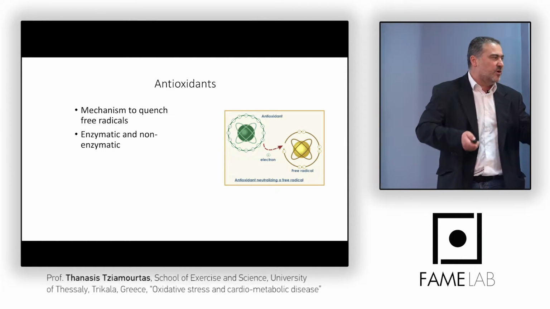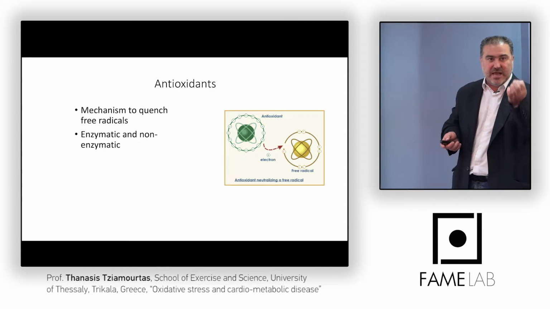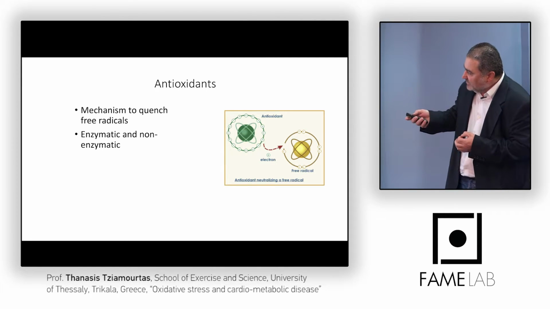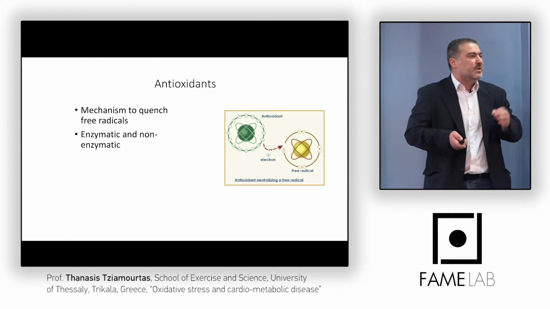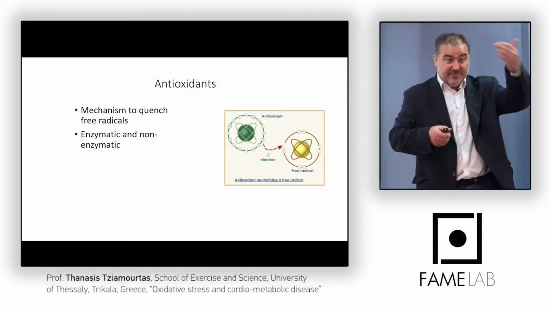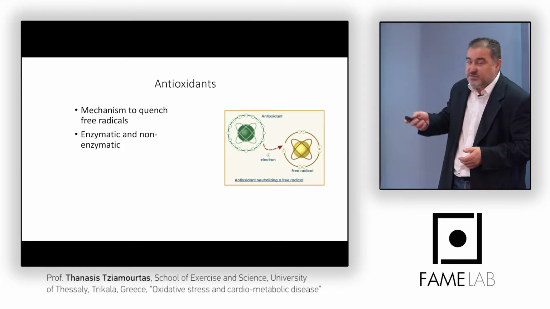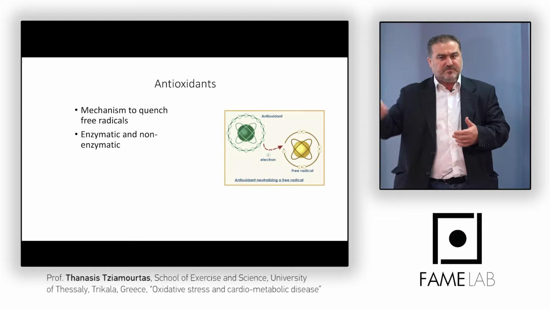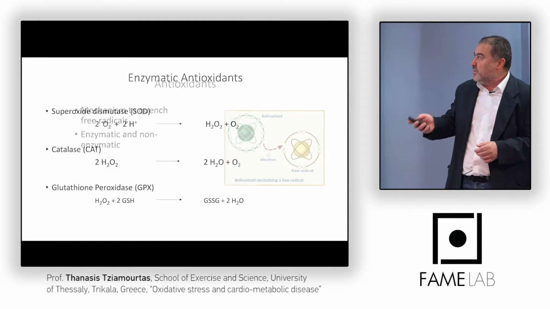By definition, this molecule does not have a paired electron in the outer orbital, and we see that this antioxidant is going to come here and donate an electron, and this molecule is going to get stabilized. A different problem is going to be developed, though, since this antioxidant is going to have an unpaired electron, and I'm going to talk about how this can be blocked later on.